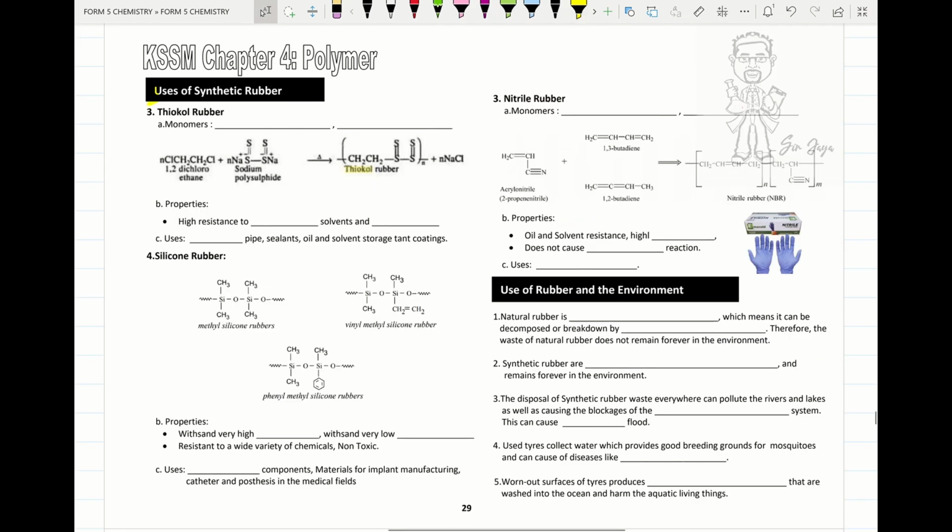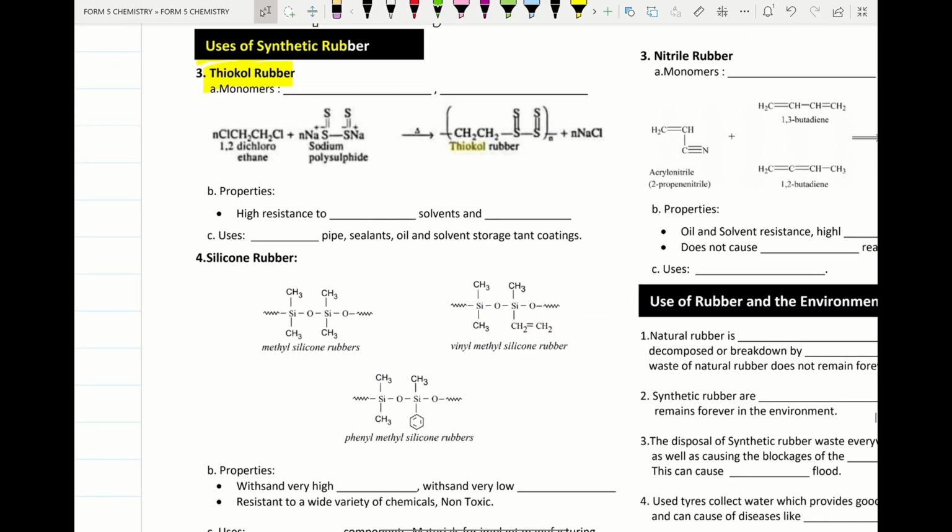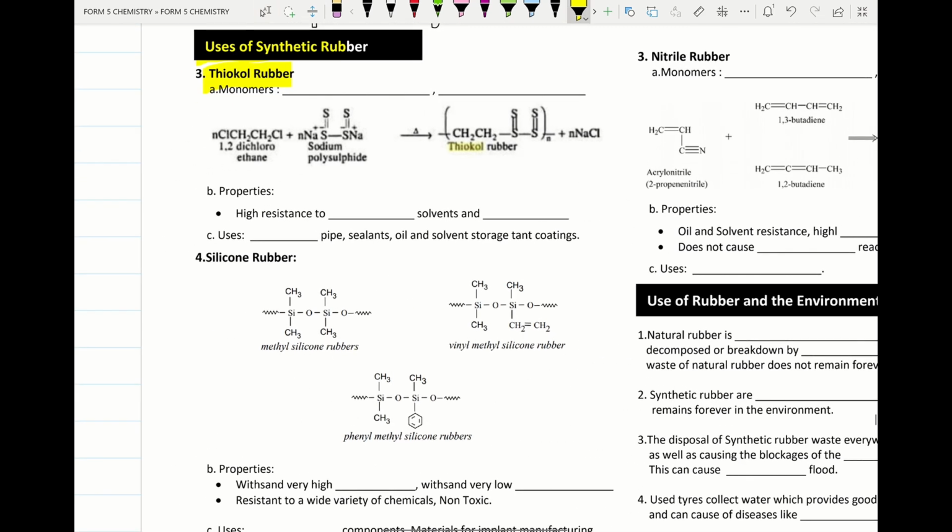We move on to the next synthetic rubber, which is known as thiokol rubber. The monomers of thiokol rubber are 1,2-dichloroethane and sodium polysulfide.